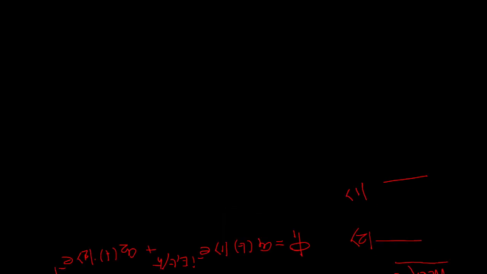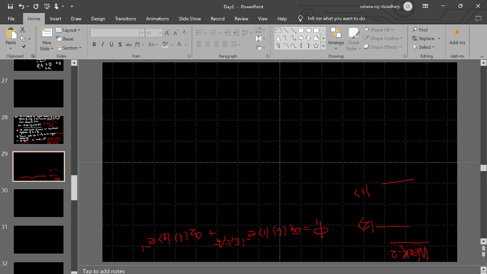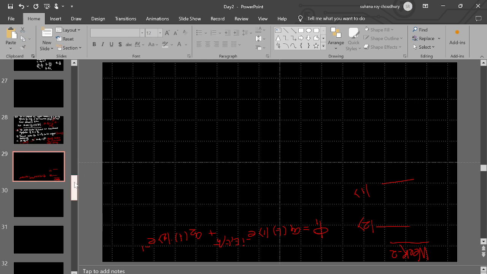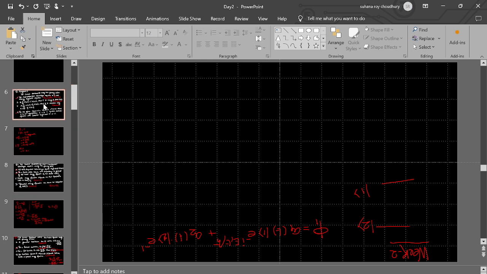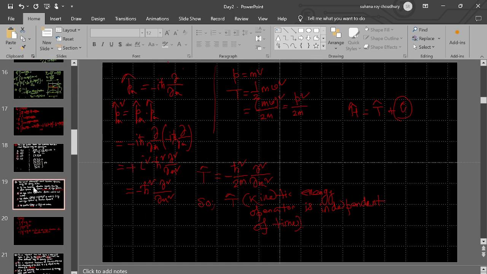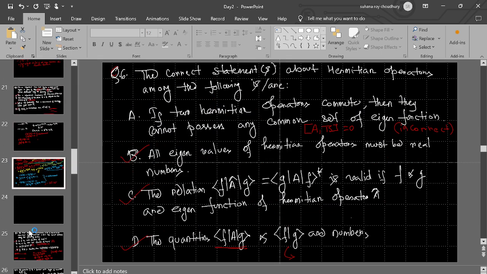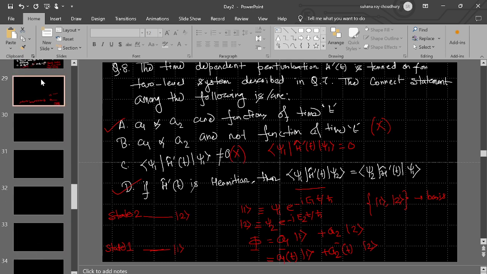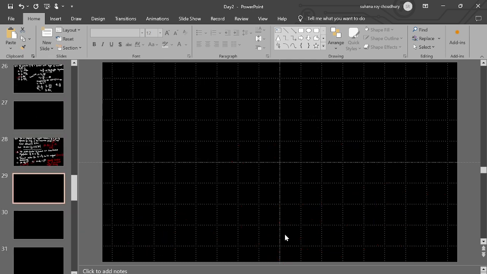Actually, I made my PC laptop as a tab, and that makes this thing. Wait a minute. This is okay. This is okay. This is just a slide. I can write.